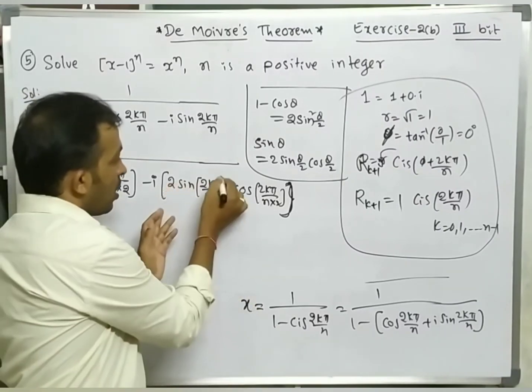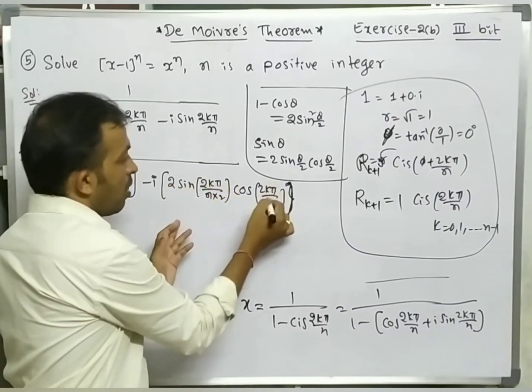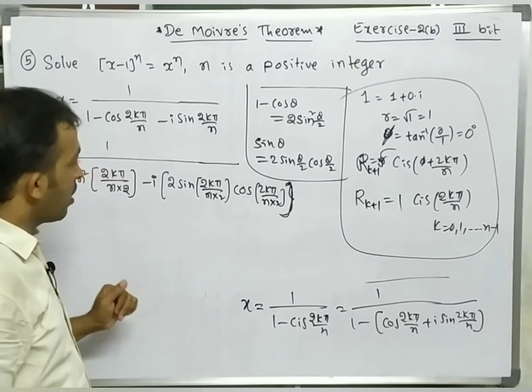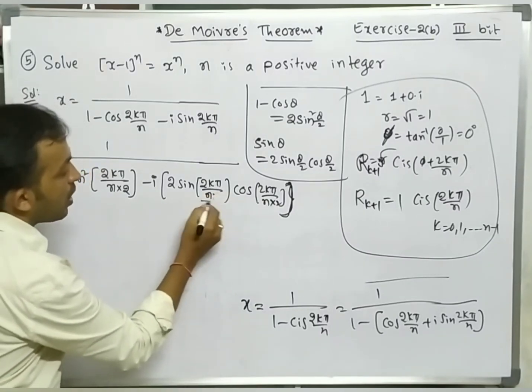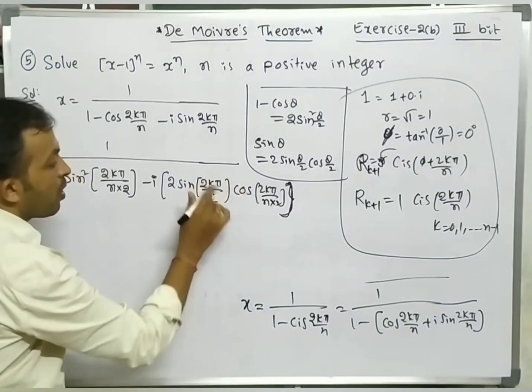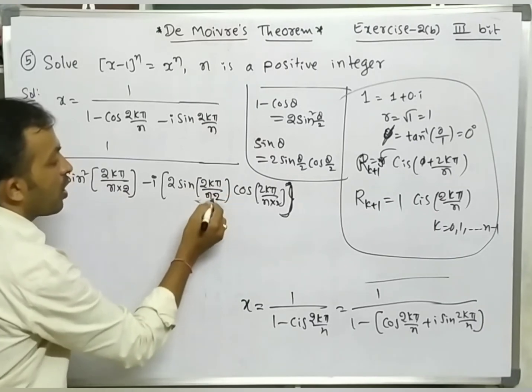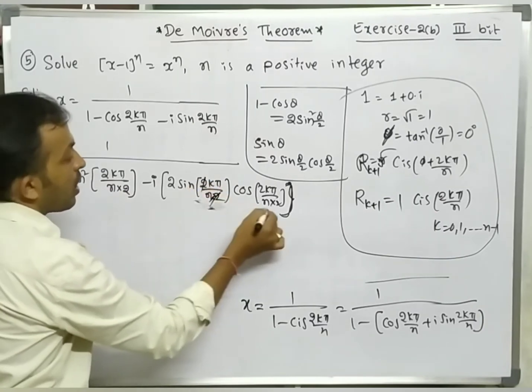This is theta by 2, theta by 2. Okay, we can write here, no problem. Otherwise you can write in the denominator, reciprocate it, and you will get this 2n only. The 2 gets cancelled.